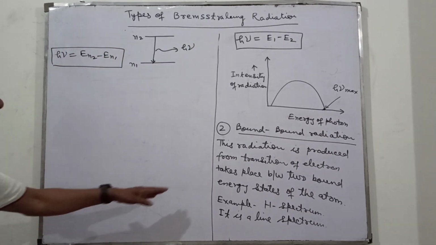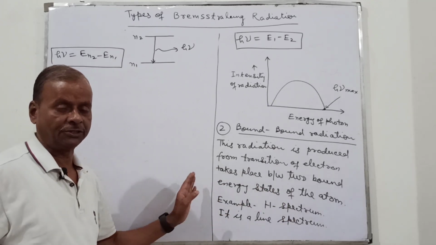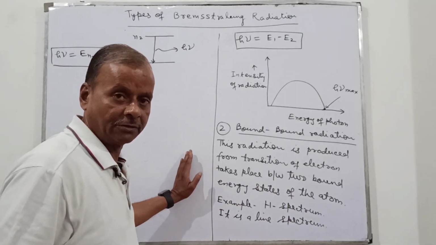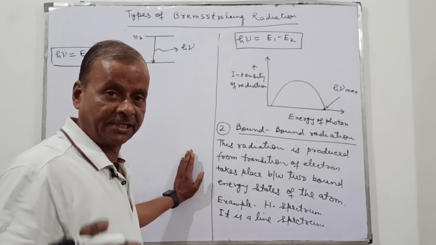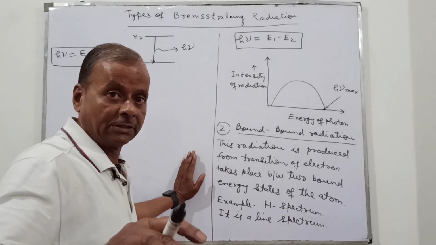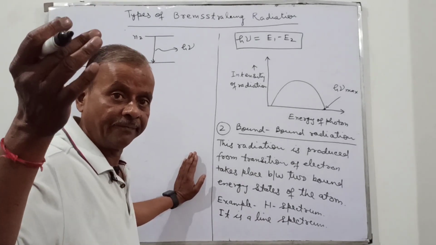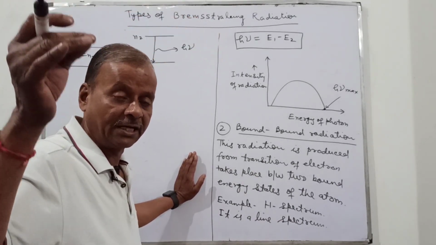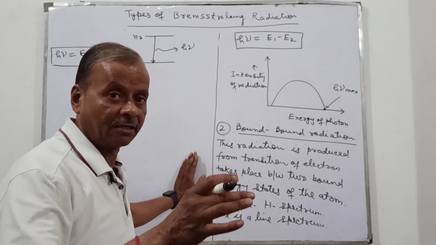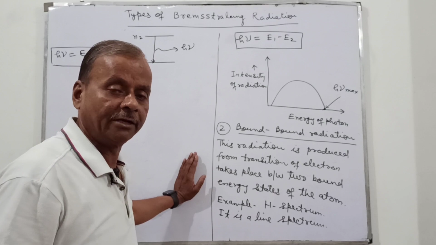This is called bound radiation because the electron is bound before producing the radiation and after producing the radiation. When the electron transition takes place from higher energy orbit to lower energy orbit, then before emission of the photon it was in the bound state, and after emission of the photon it is again in the bound state of the atom.